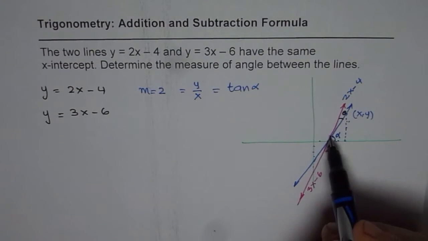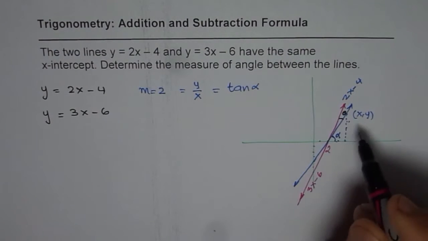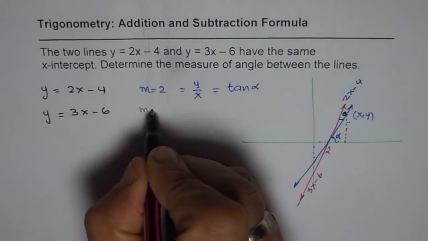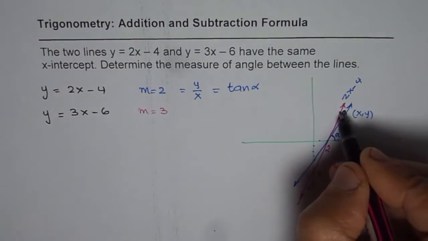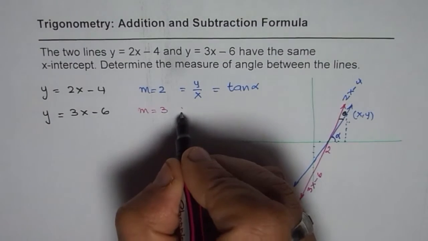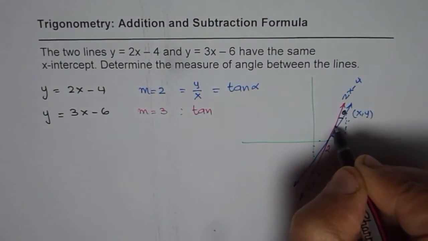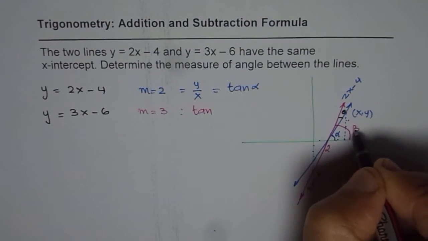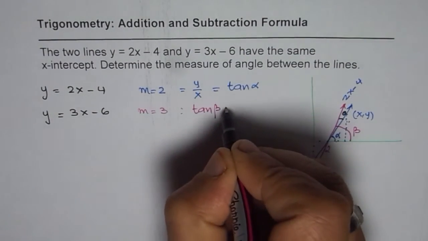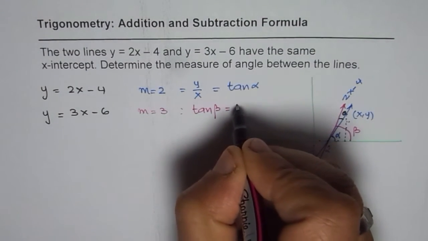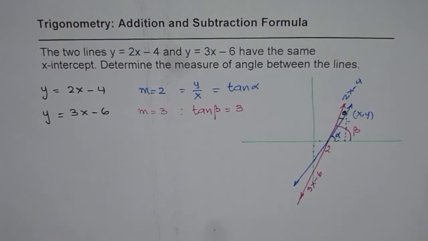Similarly, for the second line, slope is 3, right? Now if you take any other point, you get the same expression. So you can write tan of the angle which this second line makes. So let the second line make angle beta, for example. Then we say tan beta equals 3, right?